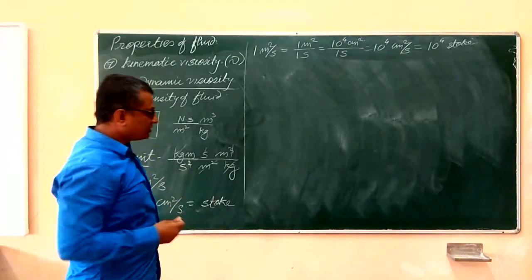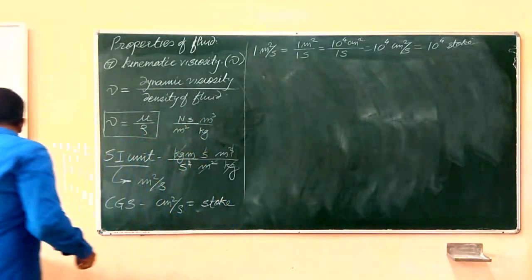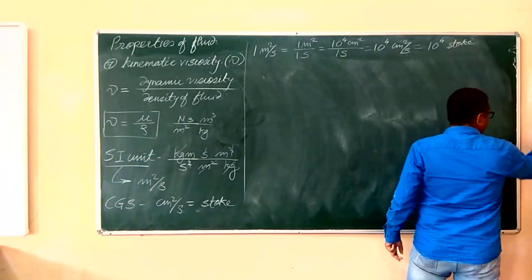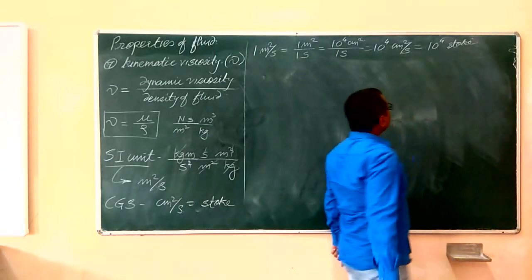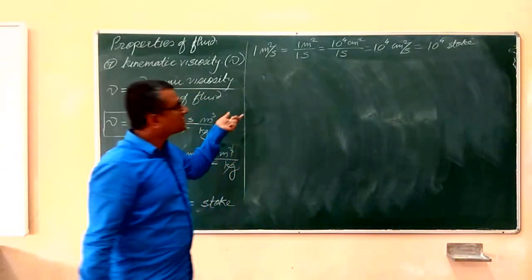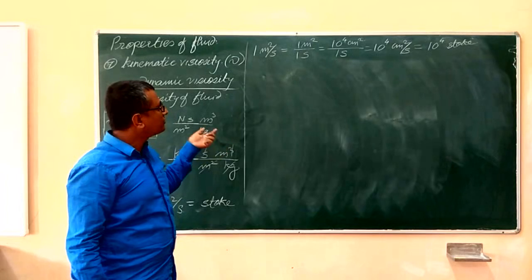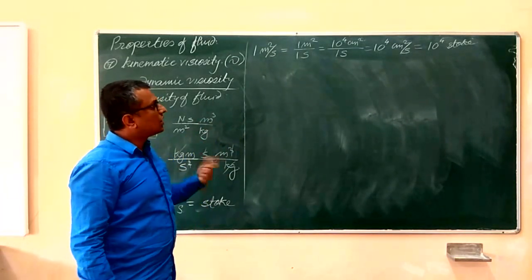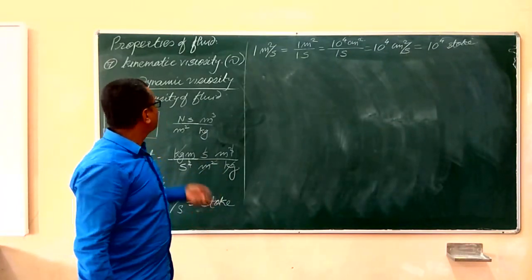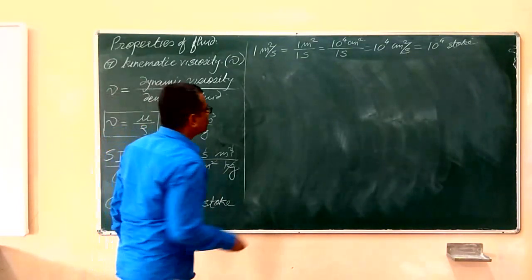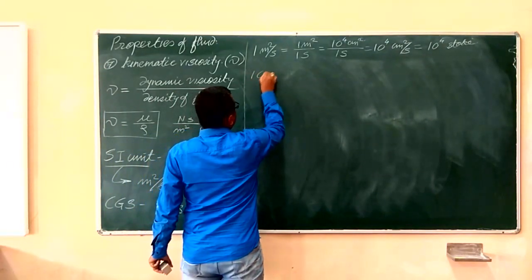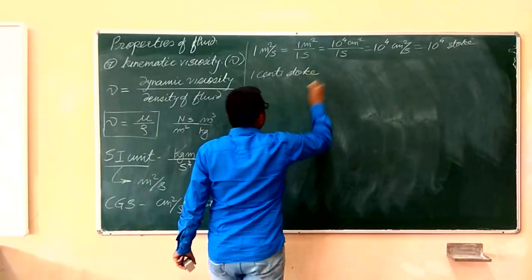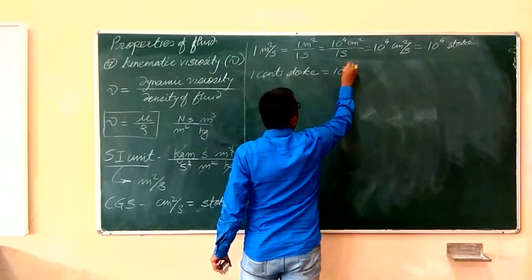Again, just as Pascal second was quite a large unit for the measurement of dynamic viscosity, in a similar manner meter square per second is quite a large unit for kinematic viscosity. Even the Stoke is large. So what is another practical unit used for kinematic viscosity? That is the centistoke. 1 centistoke is equal to 10 to the power minus 2 Stoke.